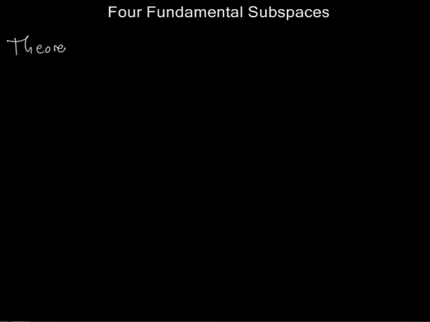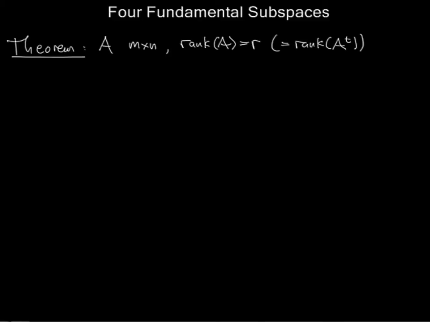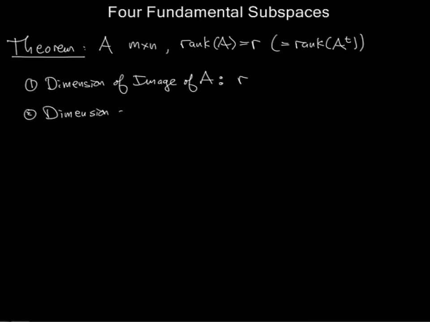Okay, let's put all of this together into a theorem. So we have an m by n matrix A, and let's call its rank r. And remember that the rank of A is the same as the rank of A transpose. Then the dimension of the image of A is equal to r, the rank. And next, the dimension of the image of A transpose is also the rank.